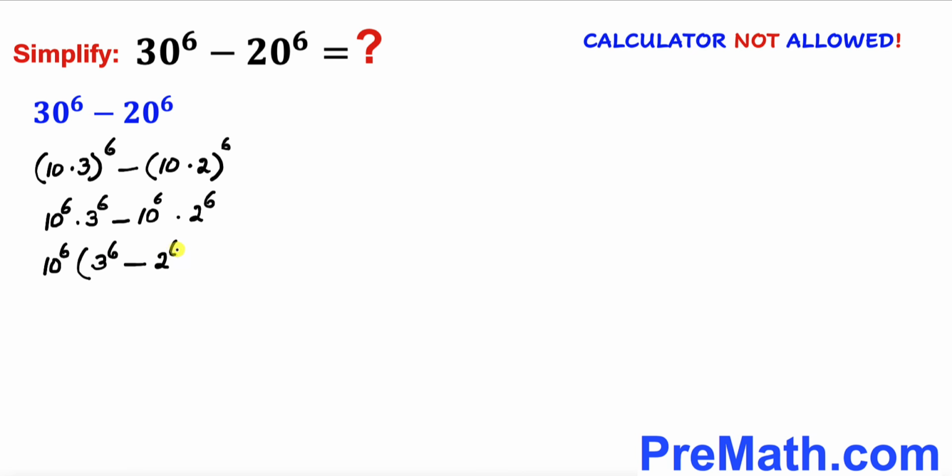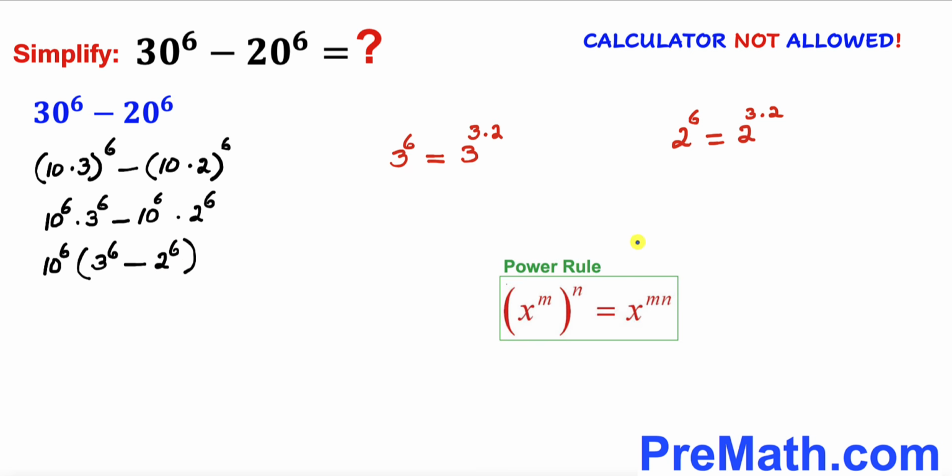Now we focus on 3 power 6, and we can write 3 power 6 as 3 power 3 times 2. Likewise, let's focus on 2 power 6. I can copy it down, 2 power 6 over here. That could be written as 2 power 3 times 2. Now let's recall the power rule of exponents.